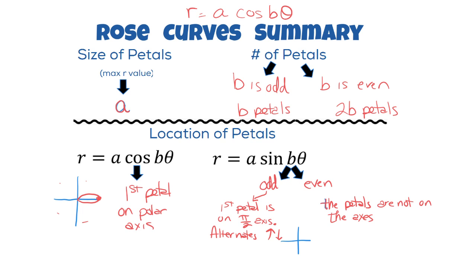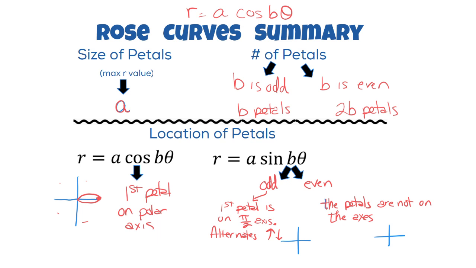So for instance, if you have a graph here, and let's pretend that the B value was a 2. If B was 2, that means it's even. Now remember, if this is a 2, there's twice that many petals. So a 2 here means I'd have 4 petals. And these petals are specifically not on the axes, and they're going to get evenly distributed. So you're going to end up with your petals in the gaps, in the 45s. It would look something to this effect.